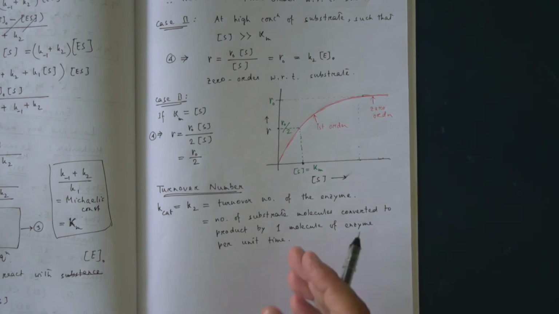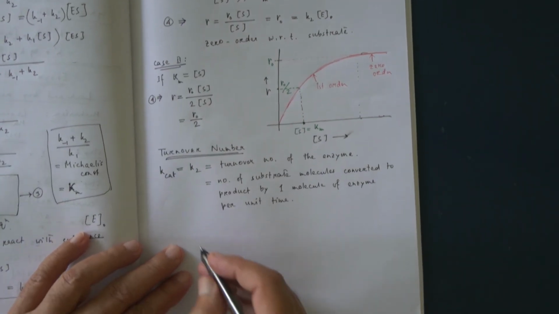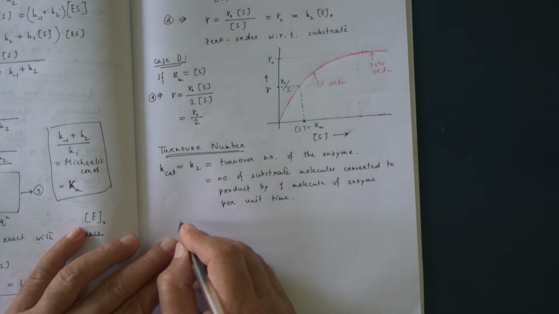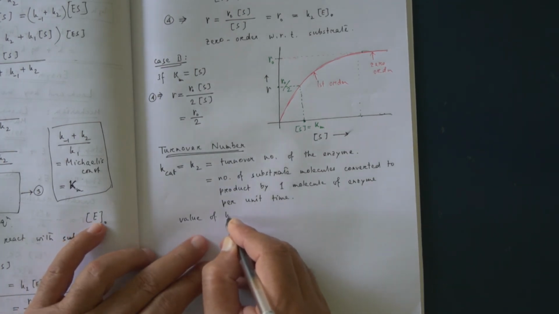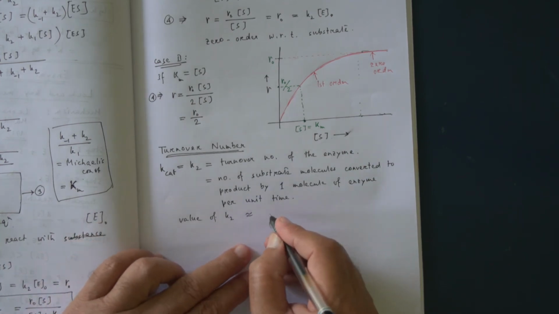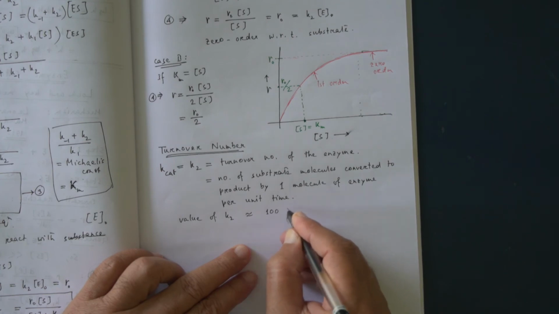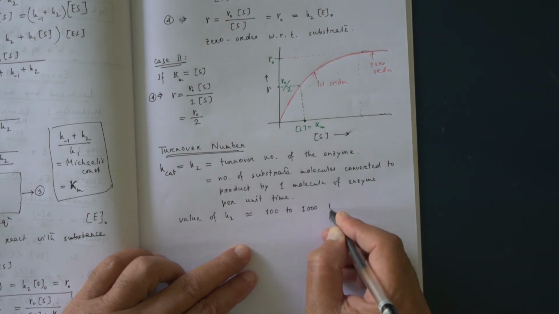Okay, so this is turnover number. Now generally the value of K2 lies within the range 100 to 1000 per second.